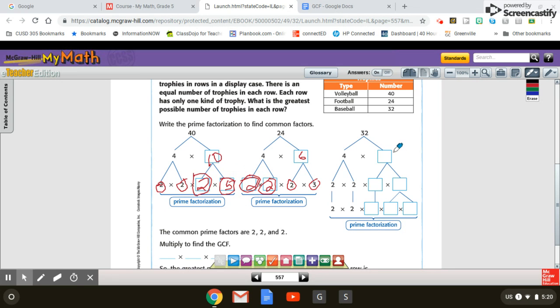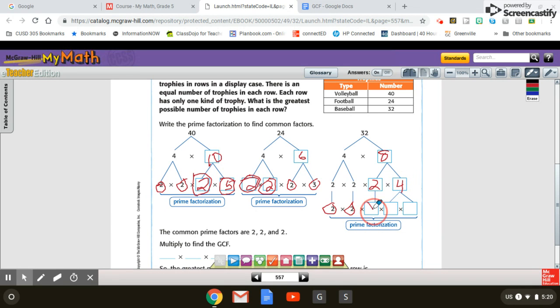We go on to 32, and 4 times 8 gives us 32. They've already broken down the 4, so we're just going to go ahead and circle them. I wouldn't bring them all the way down. I just circle them. That way I know that they're already prime. And we take 2 times 4. Okay, so we're going to bring that 2 down, or they did, to the bottom row here.